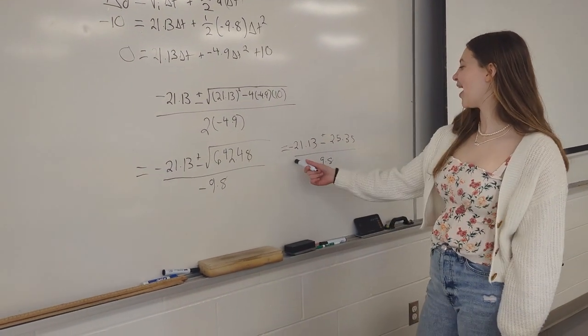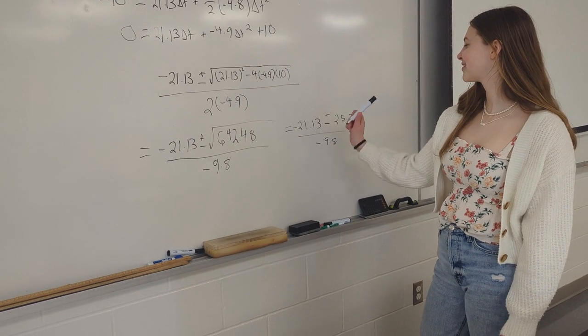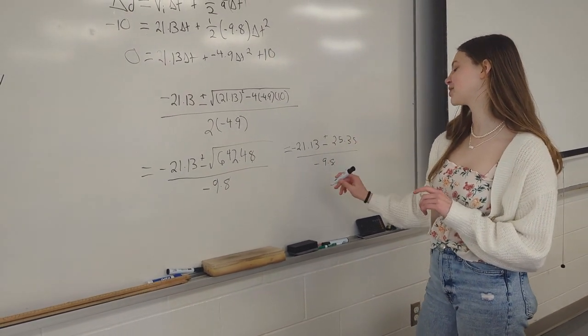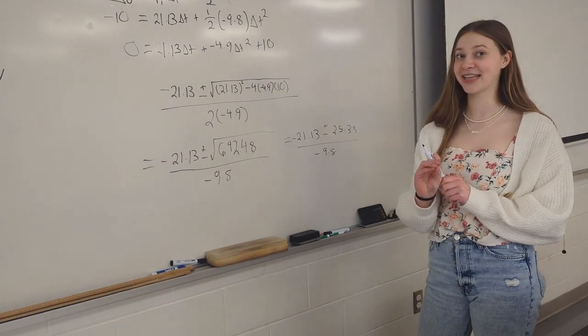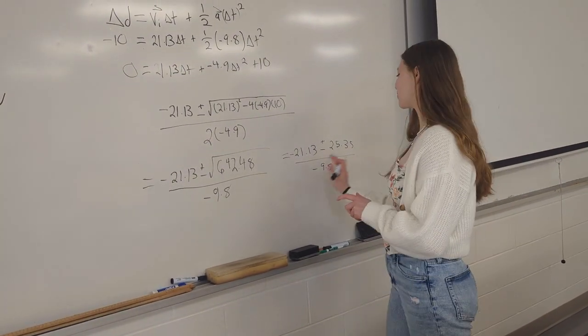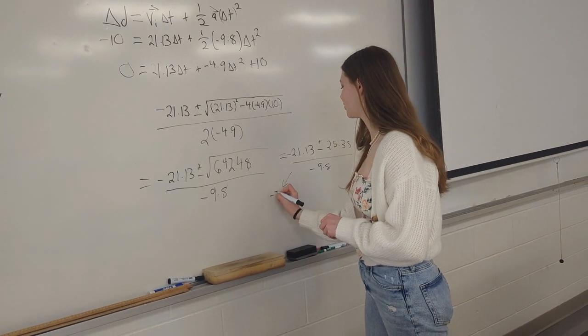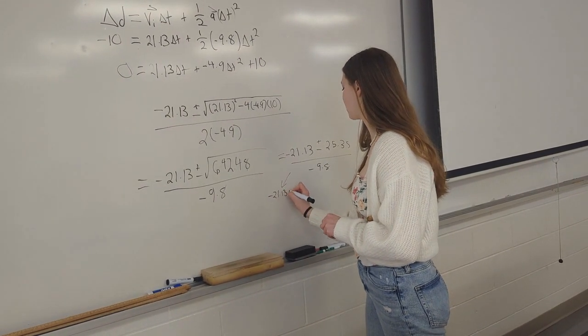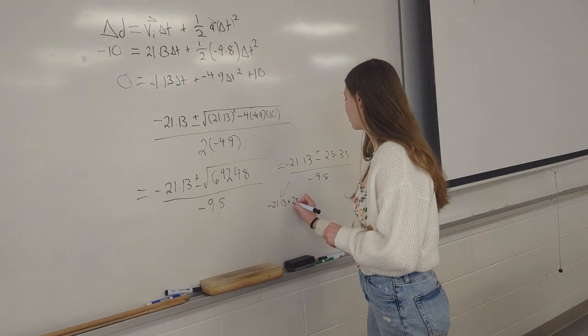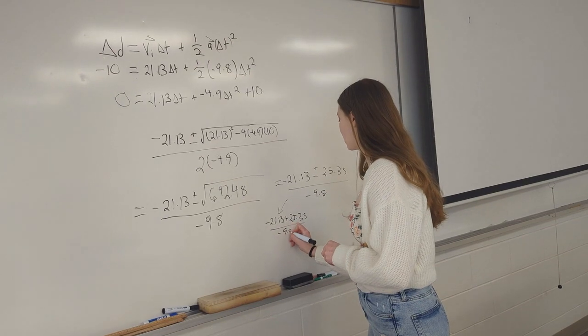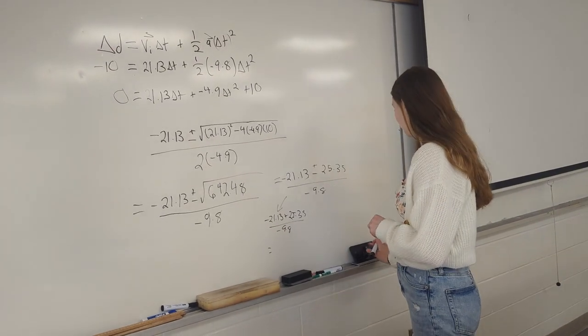So now that we have the square root of 642.48, we can either add these or subtract them to get our answer for time. So we'll start with adding. So we have negative 21.13 plus 25.35 over negative 9.8.